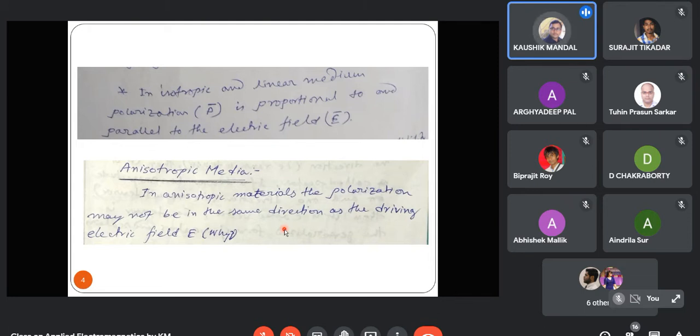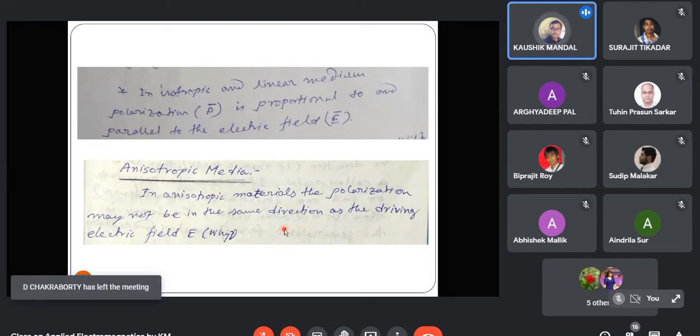Isotropic material basically means a linear medium. In case of linear medium, polarization is always proportional to the applied electric field. At the same time, it will be parallel to the applied electric field. That means the induced polarization will be in the direction of applied electric field.